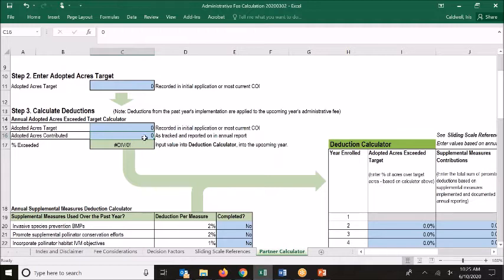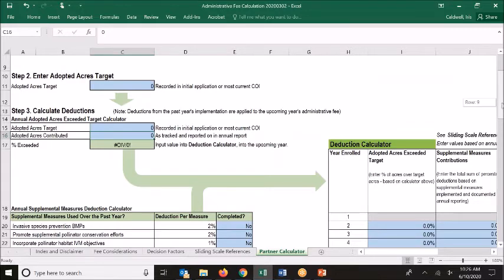In future years, you can potentially exceed that target. So if you exceed the adopted acres in a given year, then there's actual discounts that can be taken into account for subsequent years. But just for simplicity's sake and for our initial administrative fee calculations, you can assume the same adopted acres value.